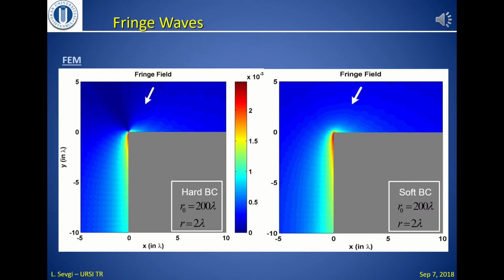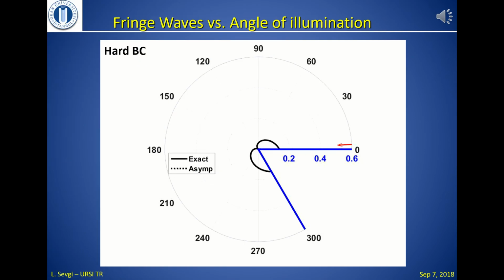Fringe fields around a 90-degree wedge obtained via finite element method. Fringe waves versus angle of incidence.